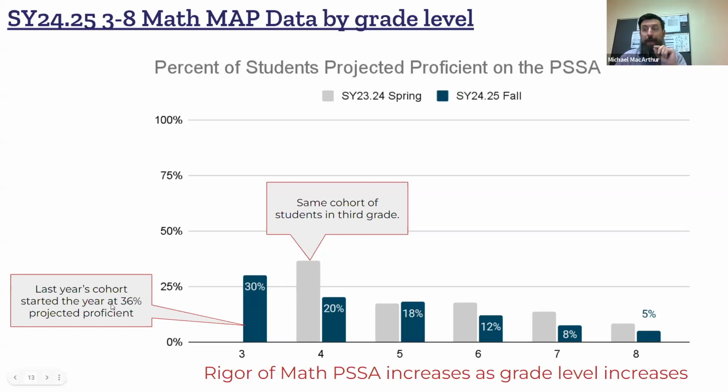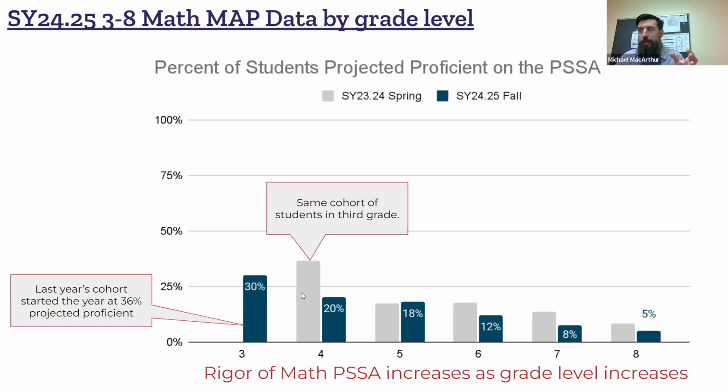But I can tell you that compared to last year's cohort, they were 36% proficient, and this year's cohort was 30% proficient. So they are starting at a weaker place relative to last year's cohort. I also have to point out something that comes about because of a quirk in the math PSSA in Pennsylvania.